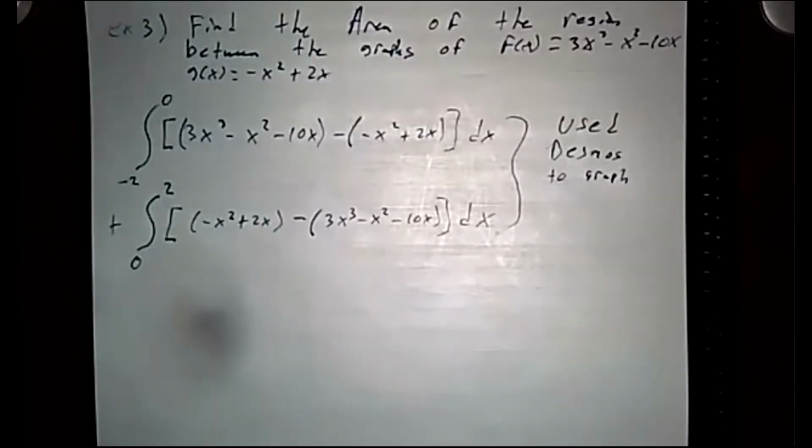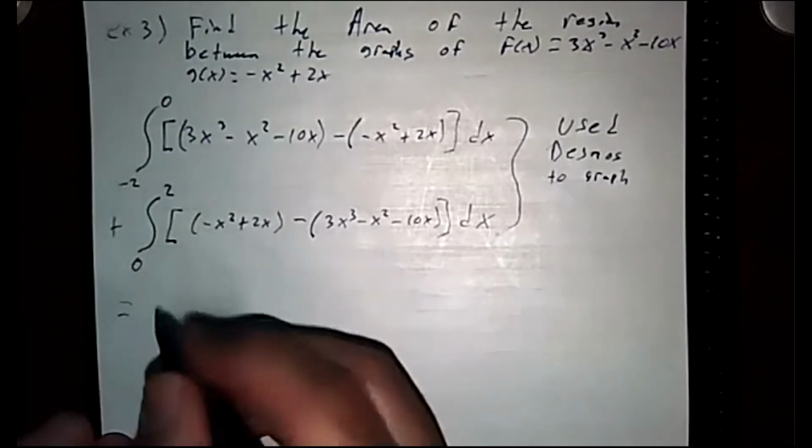So you integrate that, add them up, and that's it. We'd find out the area of the total thing. Let's see. Skip a simple step here.